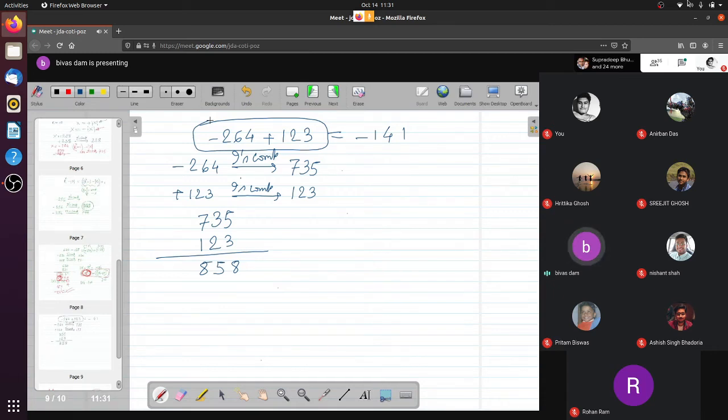That means after performing the addition in the ninth complement system, whatever the required result is, it should also be available in ninth complement form.